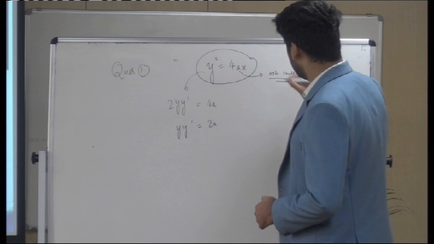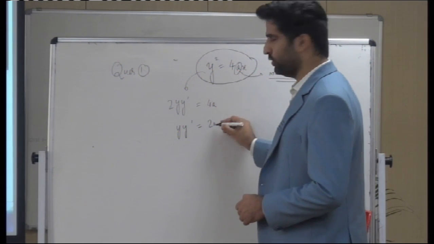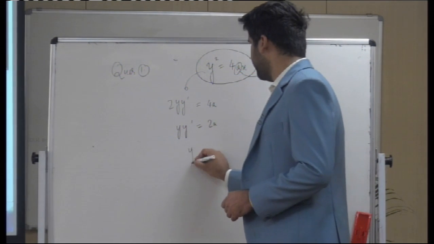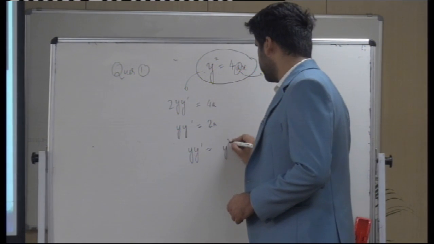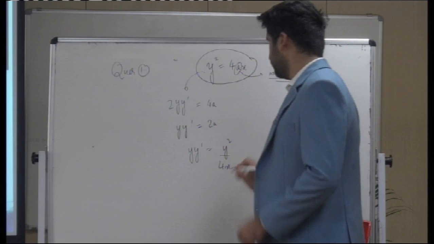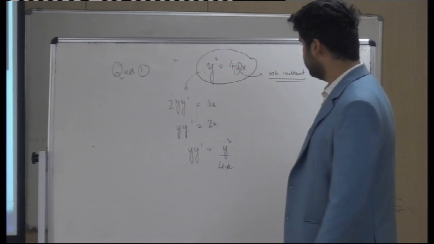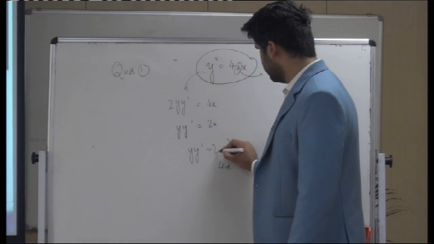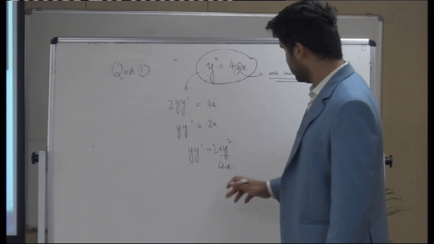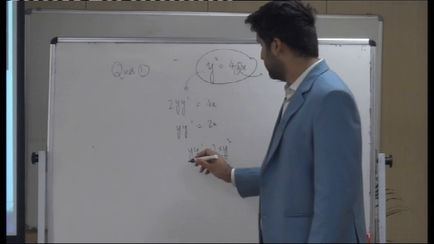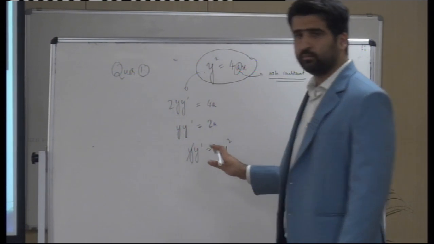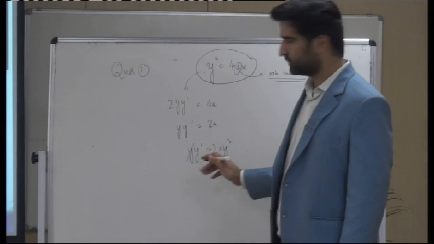Yeah. So put the value of a from here in this equation, right? So y dash is equal to y square upon 4x. And also we have a 2 over here, 2 into a. So this y and this y can cancel out, right? Why can we cancel this? Because y is not equal to 0, right?